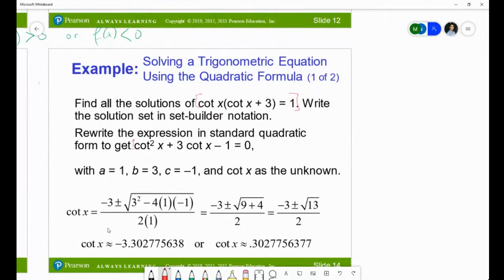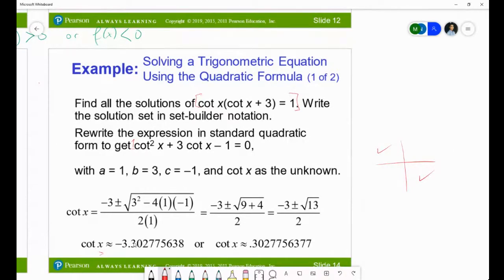Once we use the quadratic formula, we can solve for cotangent of x, where we have these two values, and then use arc cotangent in order to solve for x specifically. Here we see cotangent x is negative, and cotangent is negative in the second and fourth quadrants.